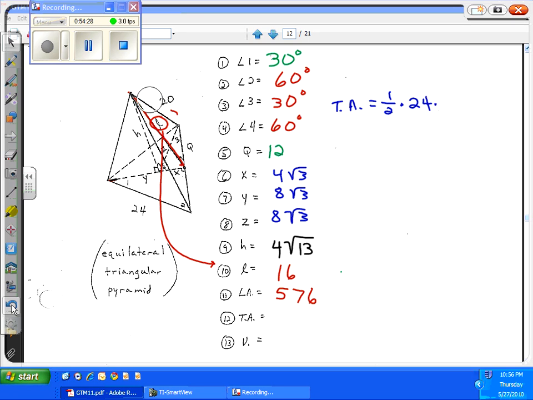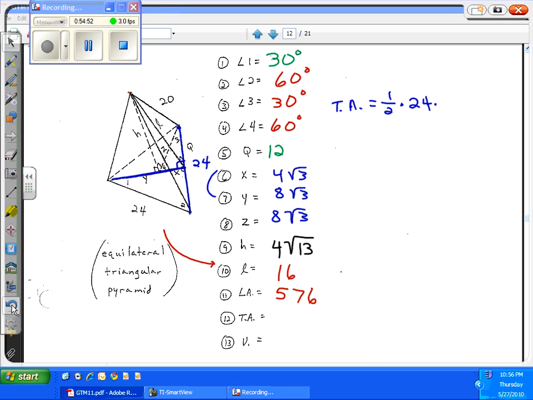Now let's take a look at this. We're talking about the triangle. Base is 24. Height is that. The height is x plus y, which is 12 square root 3. We're talking about the area of the bottom.